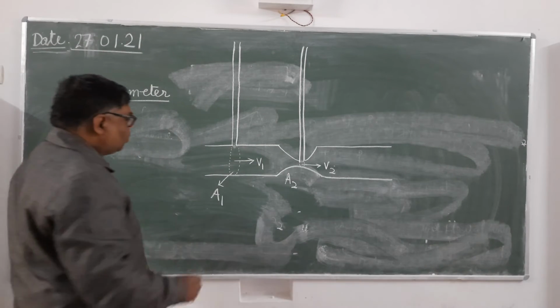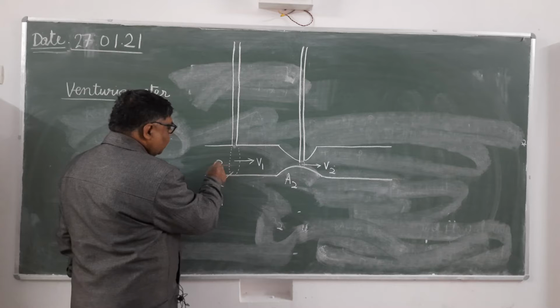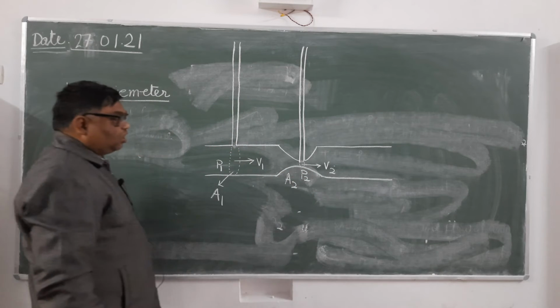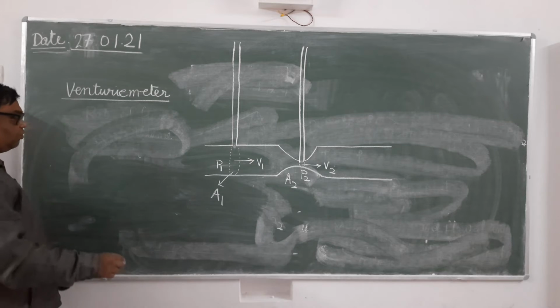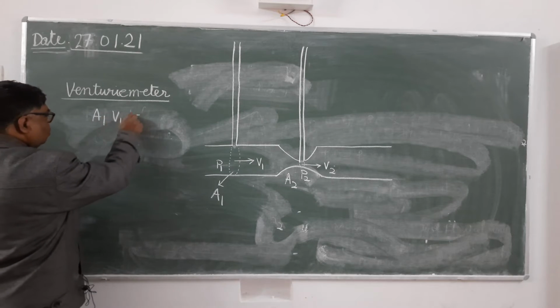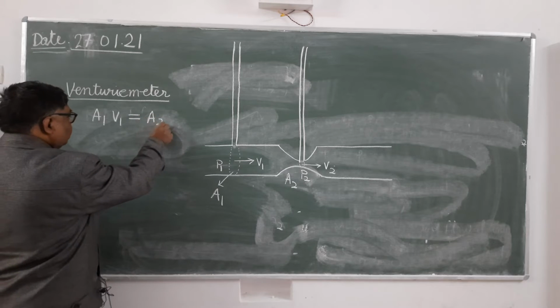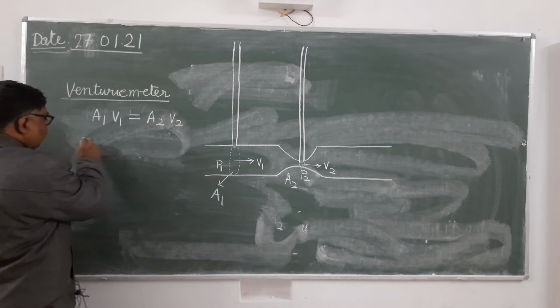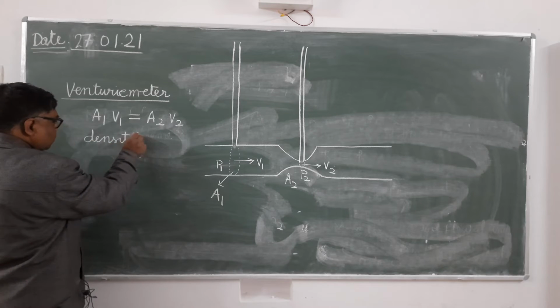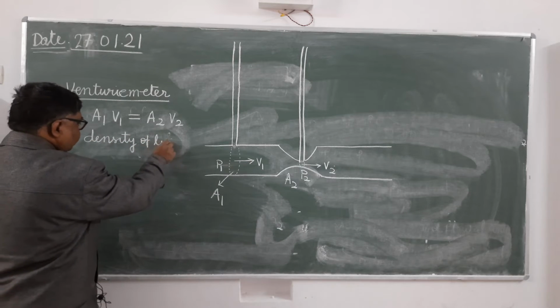Here we have taken pressure as P1 and at this point pressure is P2. Now from the principle of continuity we know that A1 V1 equals A2 V2. This we know. Density of liquid, density of water or any liquid, we have taken rho.